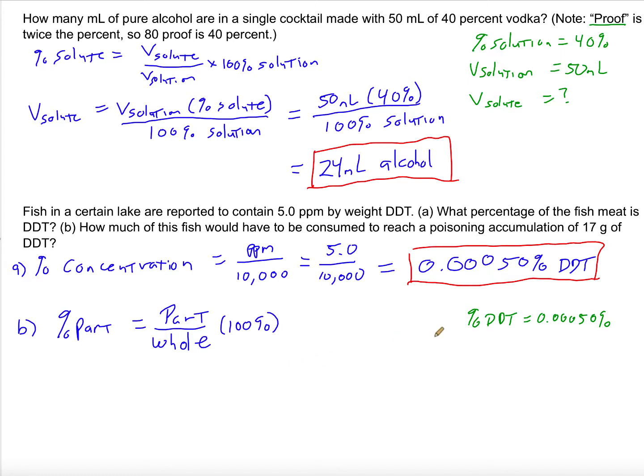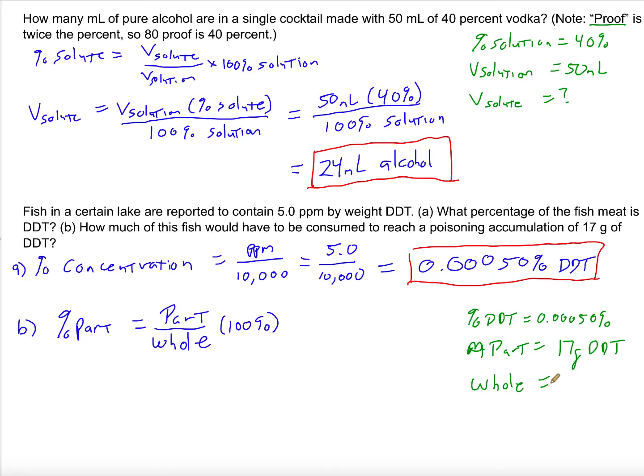And we know that the mass we're looking for, the mass of DDT, or the part that we're looking for, so the part is equal to 17 grams of DDT. And we're going to be looking for the whole. The whole is what we're looking for.